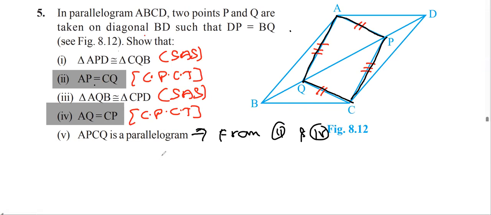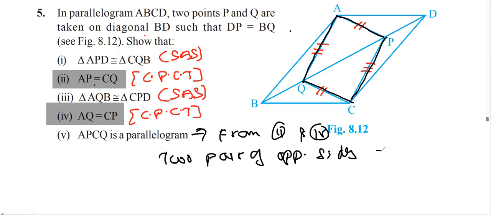And the reason here, as you know, is that two pairs of opposite sides are equal. Any quadrilateral in which two pairs of opposite sides are equal is a parallelogram.